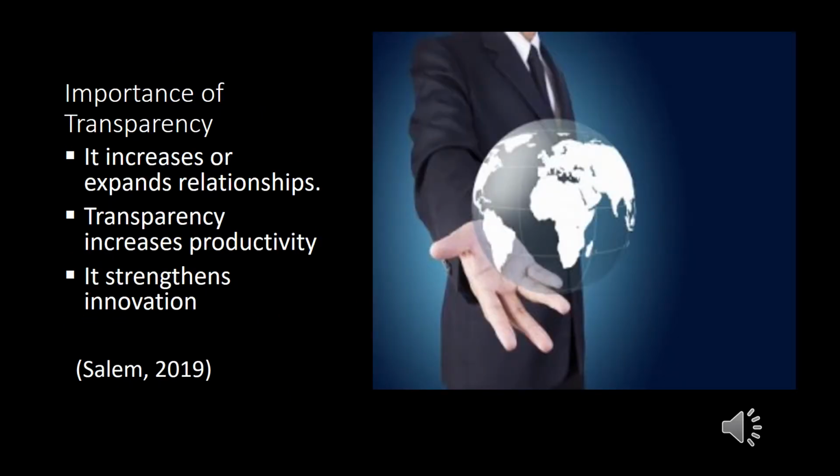So talking of transparency, we can say that transparency is a way of working in a working place where everyone is able to share without thinking that others will not understand them. It is about creating an environment where everyone will feel free. The importance of transparency is that it expands relationships.